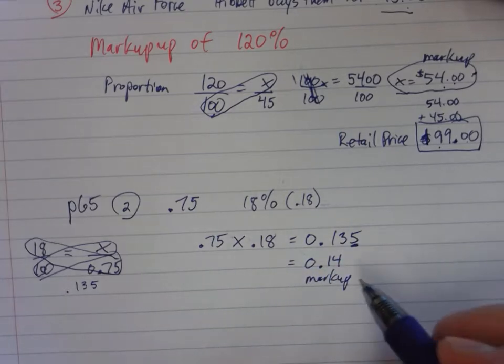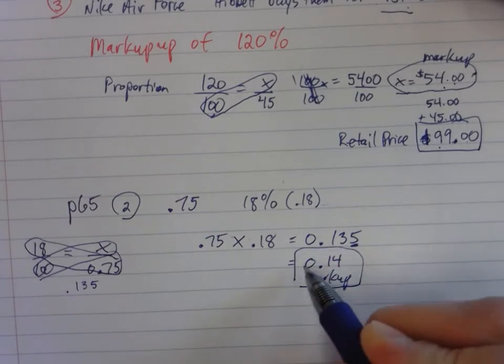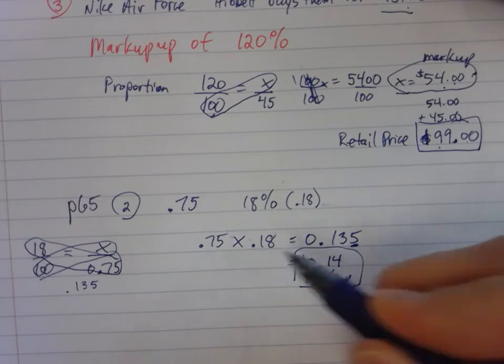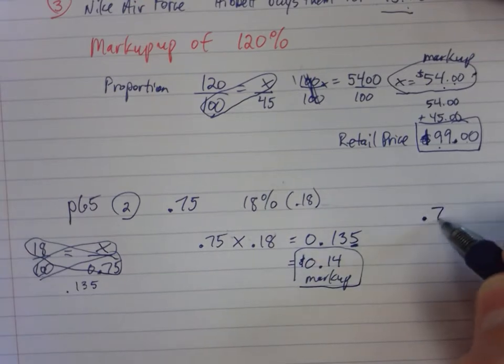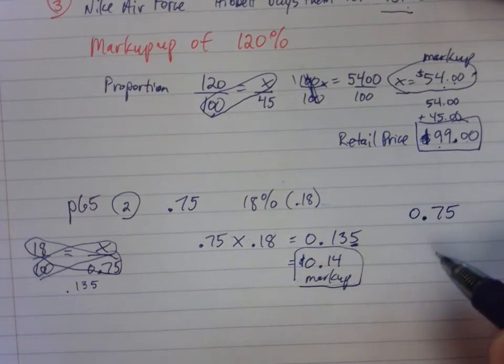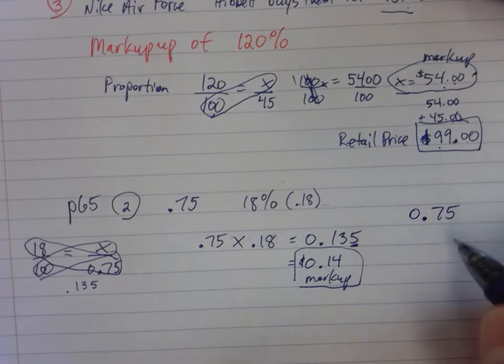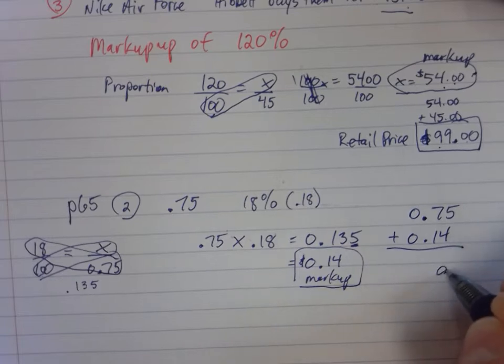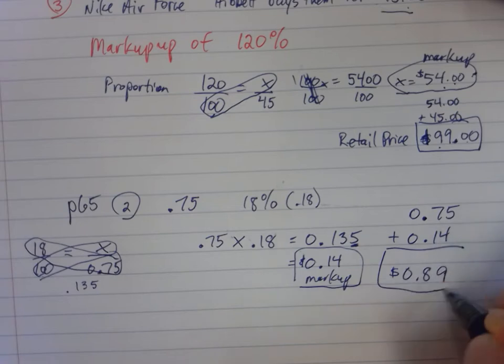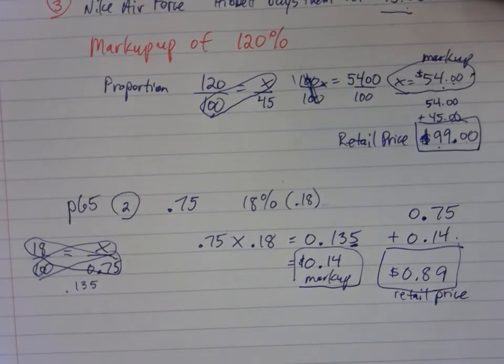Since the 14 cents is the markup, I have to add that to 75 cents. 75 cents is the original price of the apple that they buy it for, and they're marking it up 14 cents. We add those two together, and that means they're charging 89 cents. That would be the retail price of the apple. All right, so there's number 2.